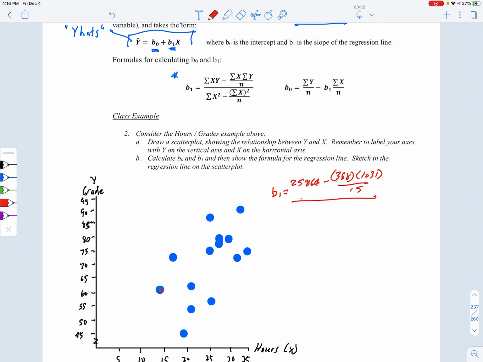So that's going to be then 9480 minus 368 squared over 15. And that whole thing comes out to a positive slope of positive 1.262. Then we can come up with the intercept.